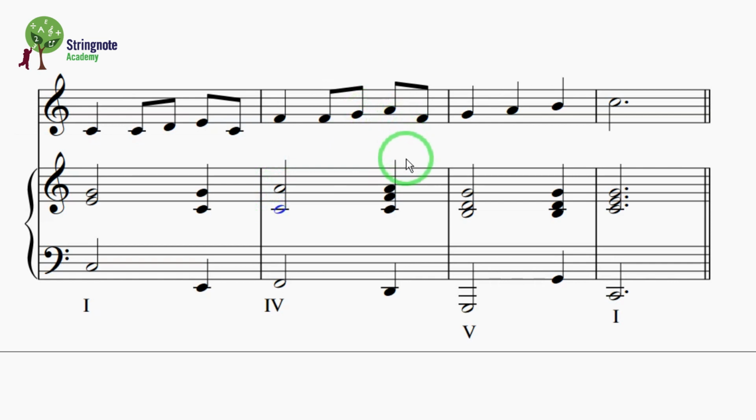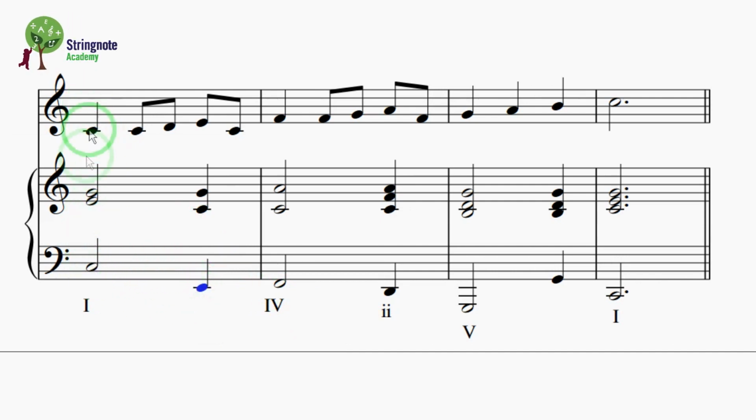Here I need to change that C, because C is not part of our new second degree. I need to make sure that I know clearly that this is the second degree. I also need to point out that here we have changed the position of the bass.